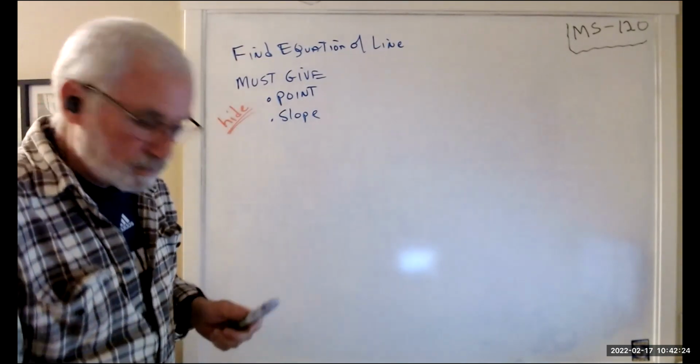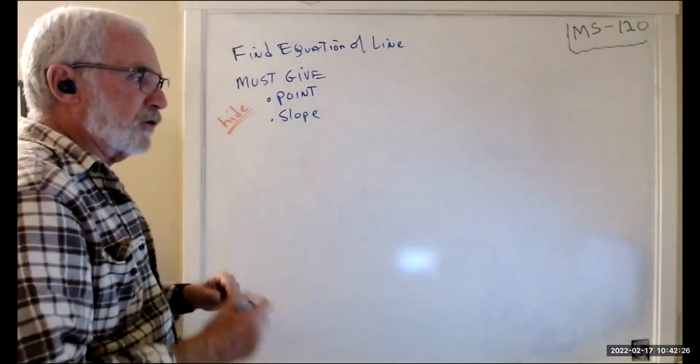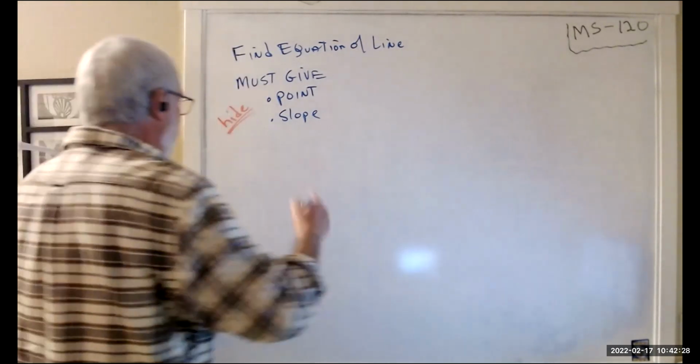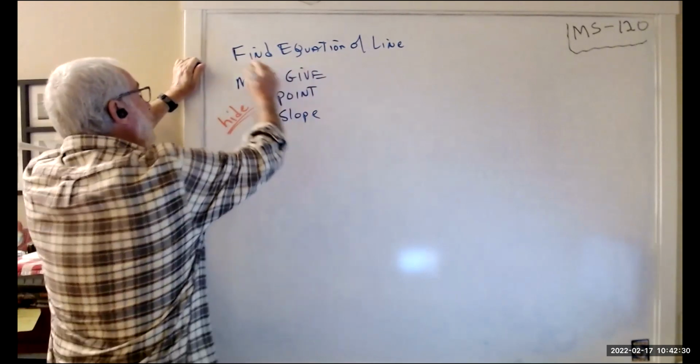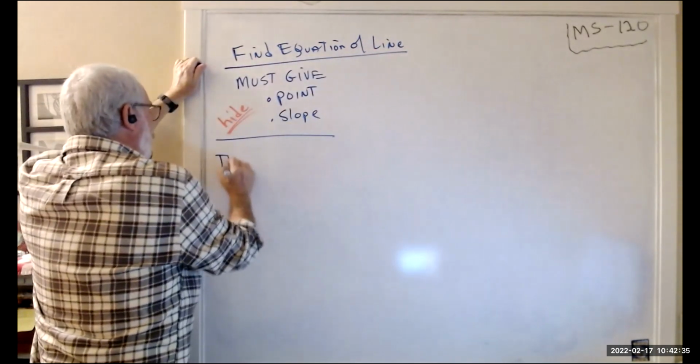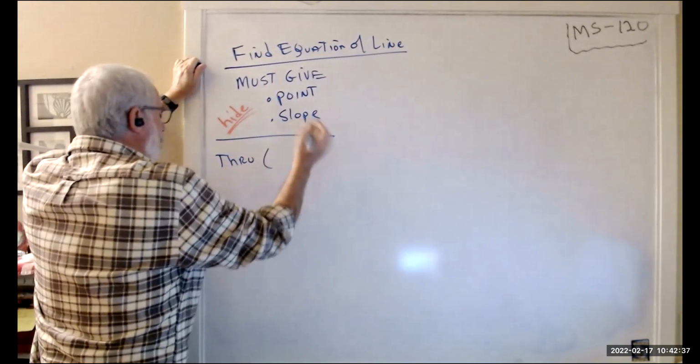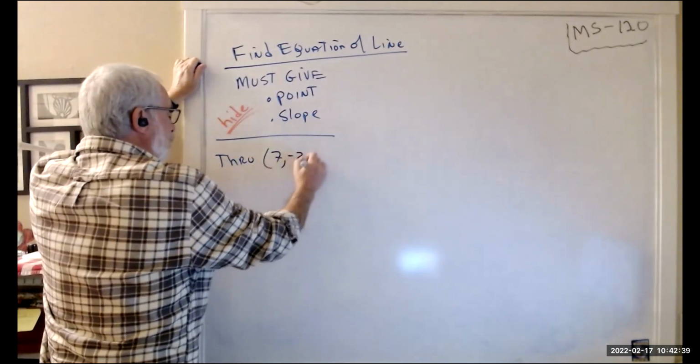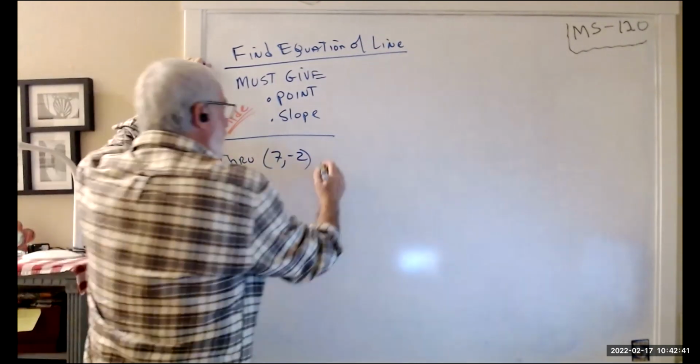Okay. So here's a quickie example of a new kind of line. Find the equation of a line that goes through the point, I don't know, (7, -2). I'm just making this up.